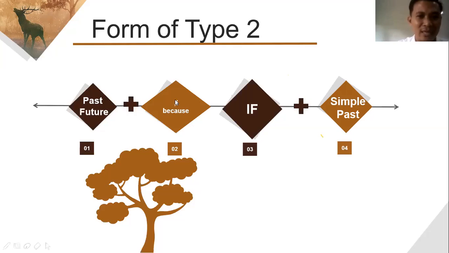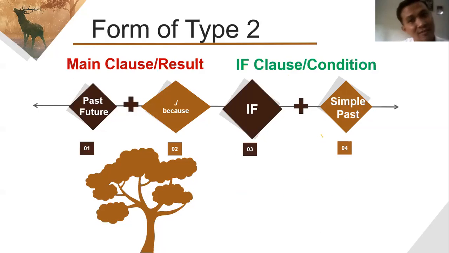Comma is gone when you bring the result clause to the front. So you can swap the place of if clause and result clause. The only thing you have to be concerned about is the comma. This is the main clause and then this is if clause.